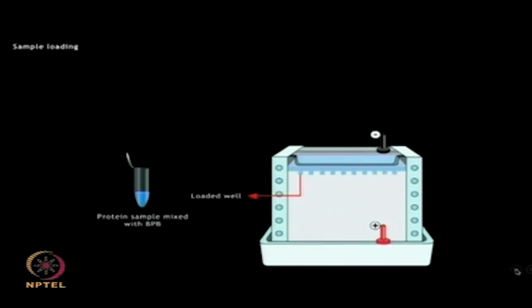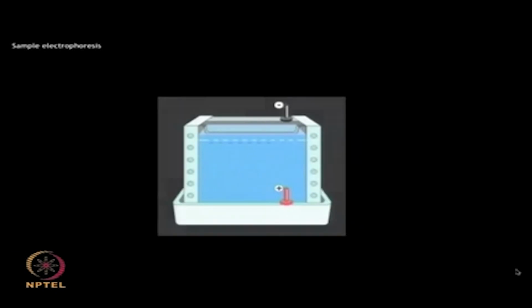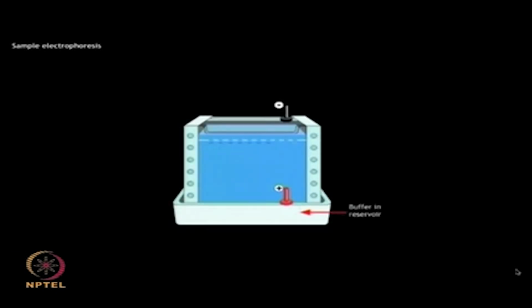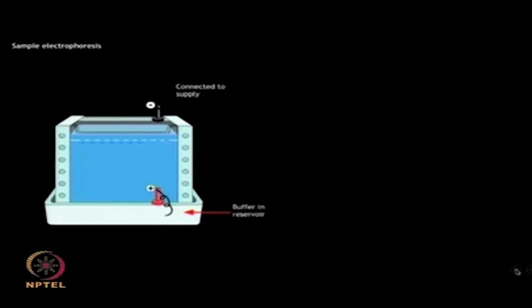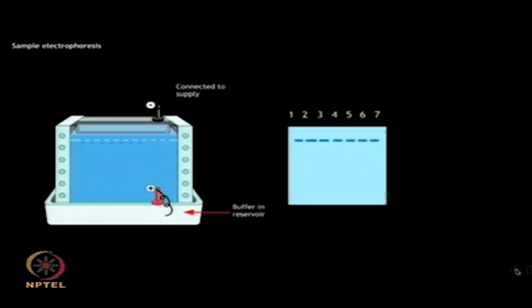Once all the samples are loaded, then this unit can be placed into the electrophoretic unit, and a direct current supply of around 100 to 350 volts can be passed depending upon the size of the gel for a time sufficient to separate the protein mixture into discrete bands based on their charge to mass ratio.